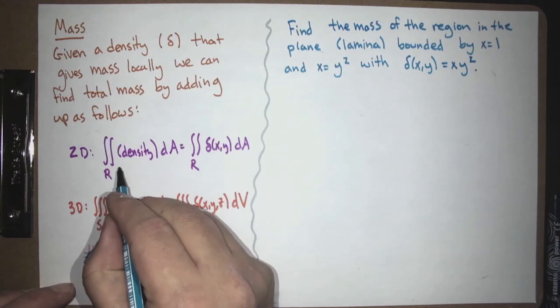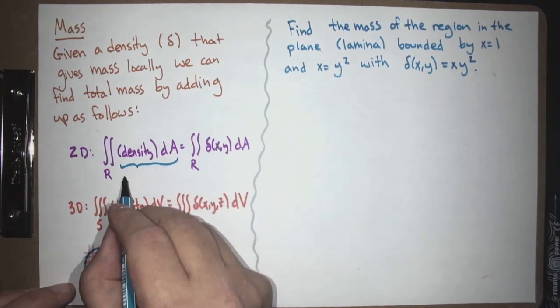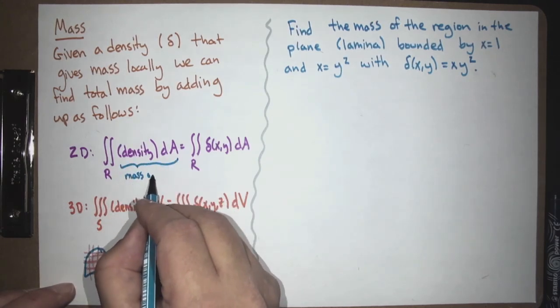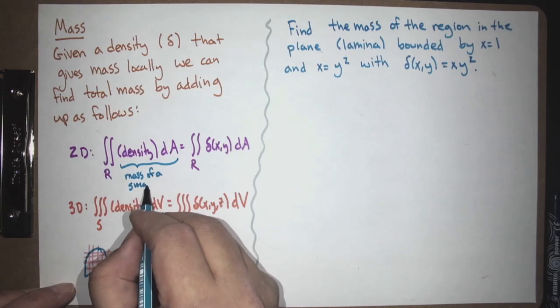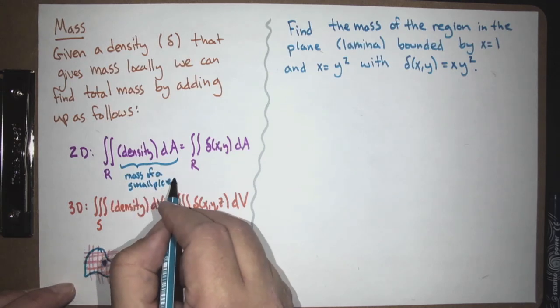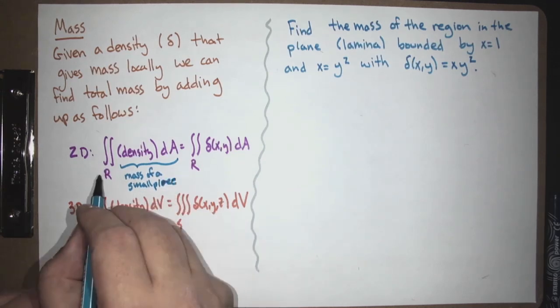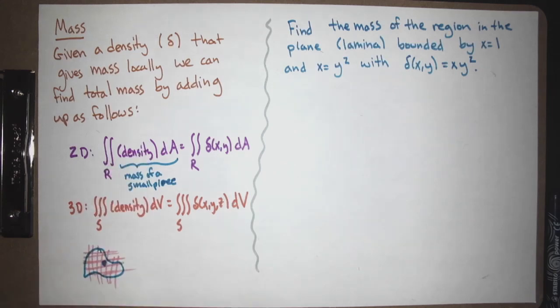So what we're really doing is this inner part, this is the mass of a small piece. And then we're going to add them up. So we're adding up the little masses, and that gives us our total mass. Oftentimes you'll see the formula is, oh, it's this delta x y dA. I like to remember it as density dA, because that helps me understand where the pieces come from and how they fit together.